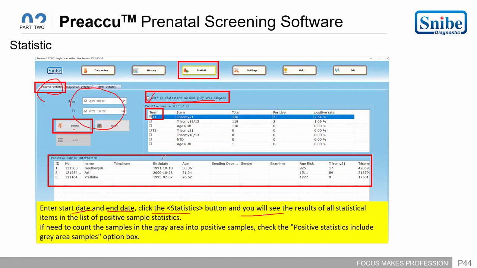If you need to count the samples in the gray area into the positive samples, check positive stat, include gray area samples. This is very important.